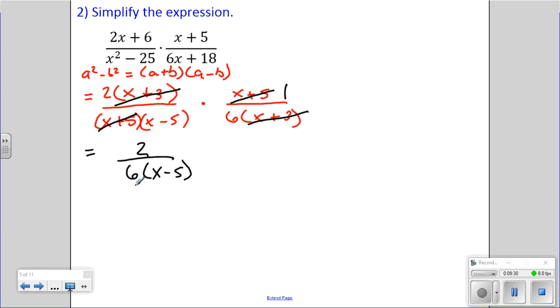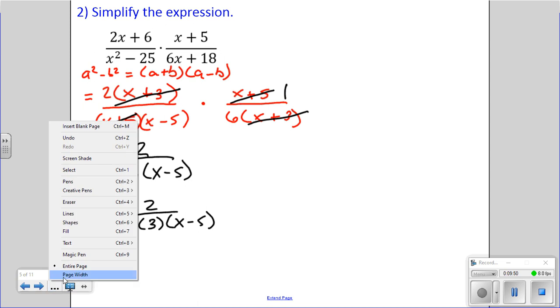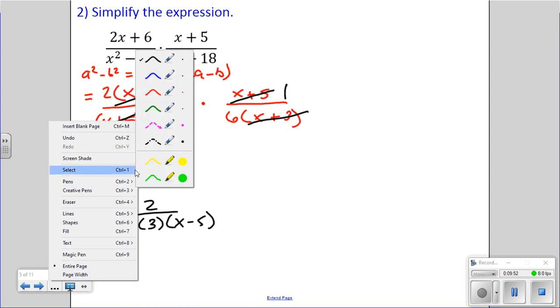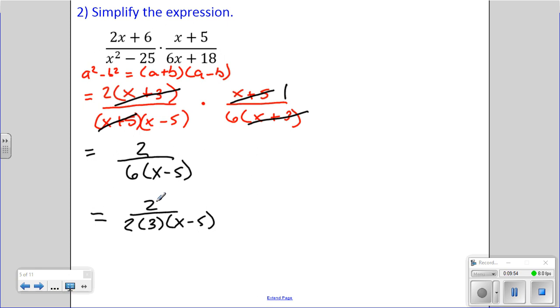So we already know that the factors of 6 are going to be 2 times 3, right? And we still have x minus 5. And I did that for a reason, because that means I can simplify it even more, because there's another common factor that can be canceled out. This 2.